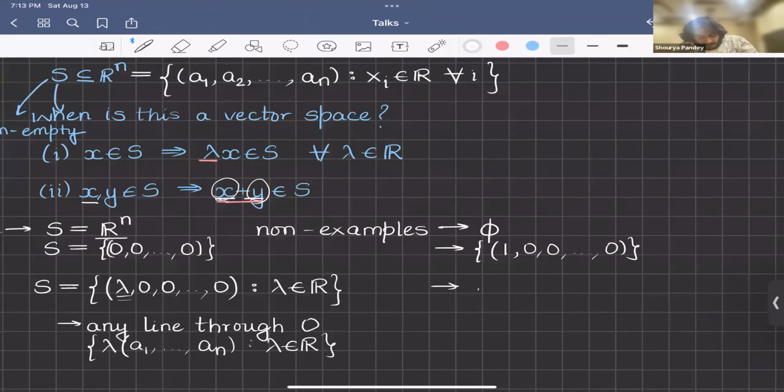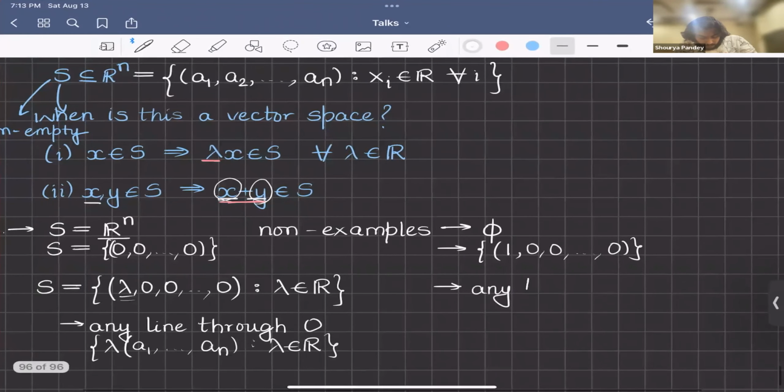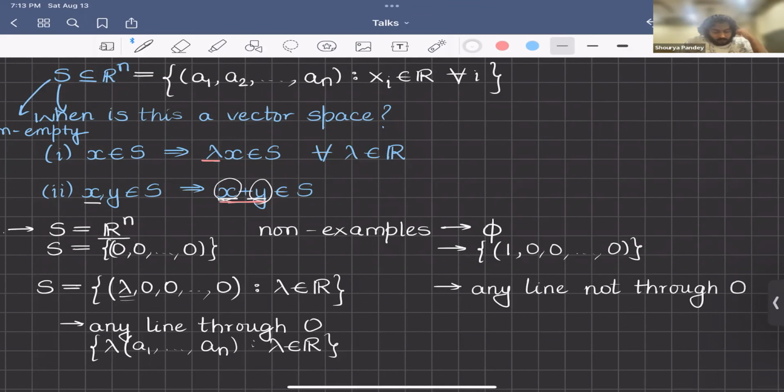But if the line does not pass through the origin, then it's not an example. Why is this not a vector space? Anyone?